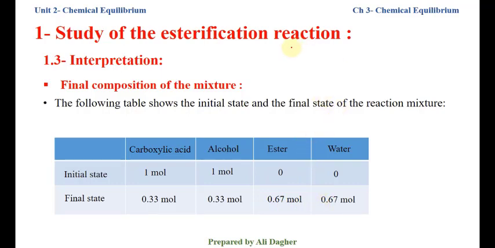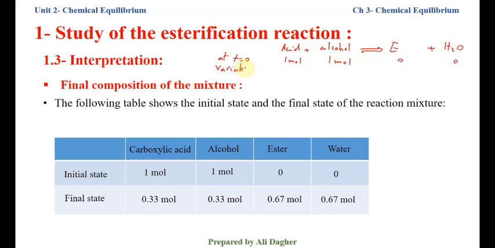We can calculate it using the stoichiometry of the reaction: acid plus alcohol gives ester plus water. At T equals 0, the initial state: 1 mole, 1 mole, 0, 0.